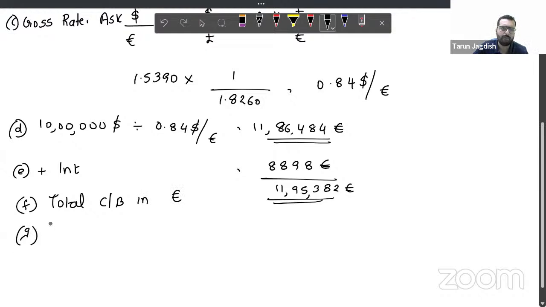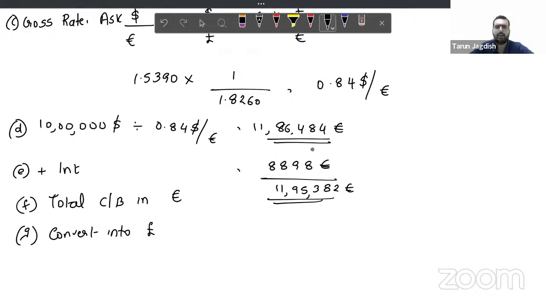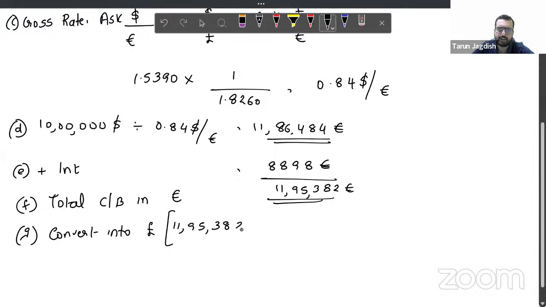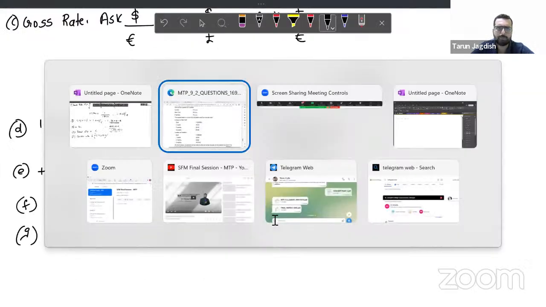So now what happened? Once I get this, I'll have to convert this into what? I have to convert this into pound again, correct? So once I convert this, I'll give euro, bank will give pound. Again, it will be the ask rate. So 3 months forward ask rate. 11,95,382 divided by, because euro, right? Other one is euro per pound.